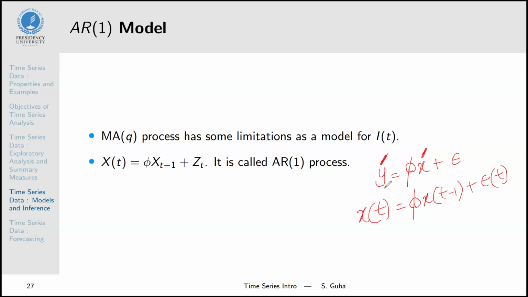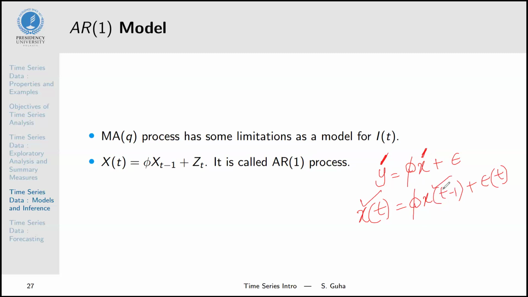The only difference is that in a regression problem, x is an independent variable and y is something else, a dependent variable. But in this case, there is no question of y, only x is there, only a single object.